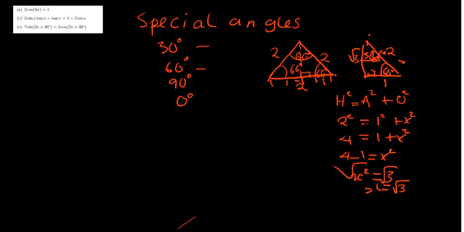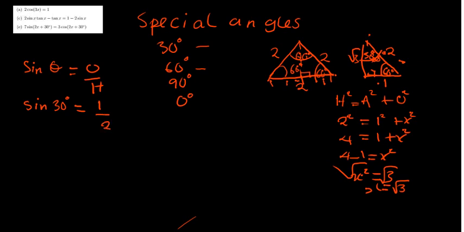Let's start with sine. We know that sine theta is equal to opposite over hypotenuse. Considering 30 degrees, the opposite is 1 and the hypotenuse is 2.